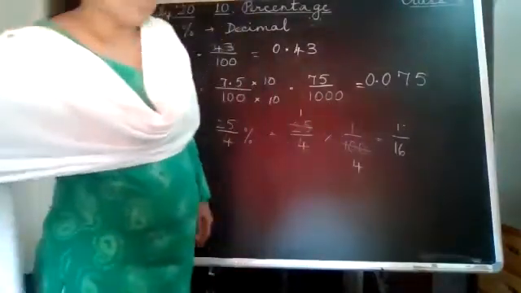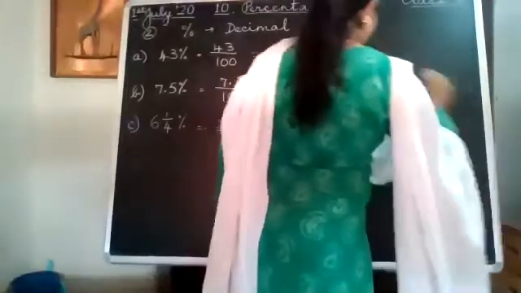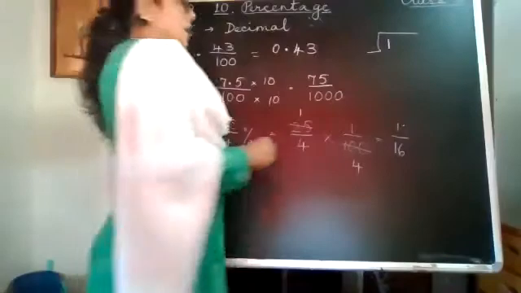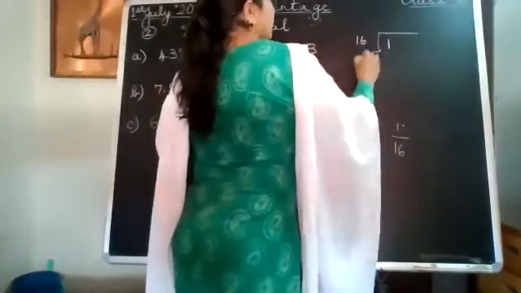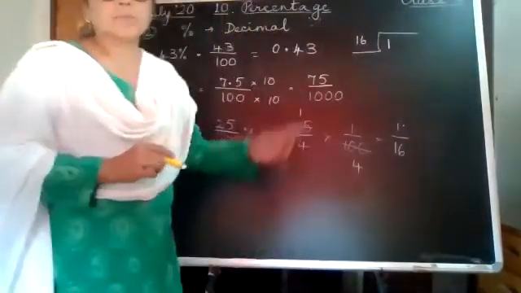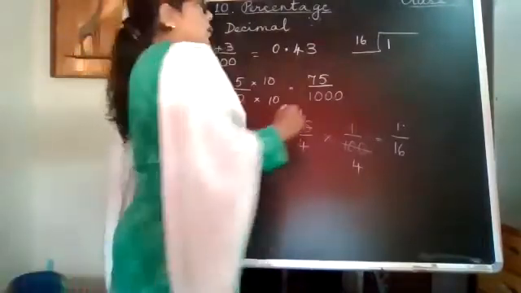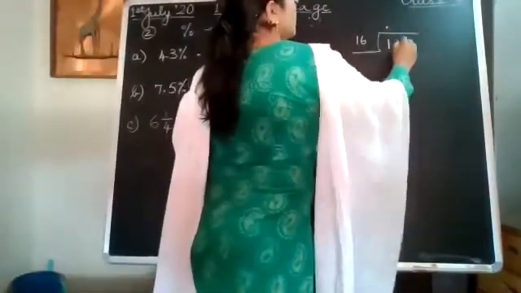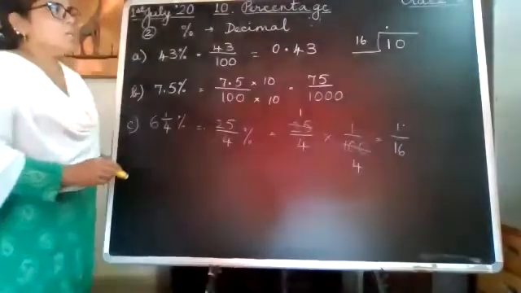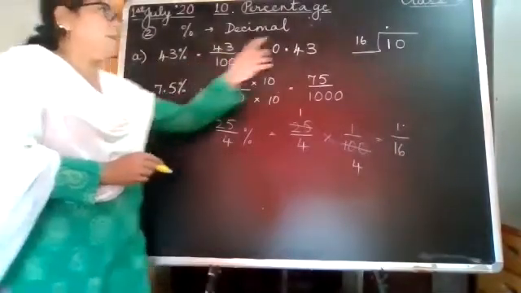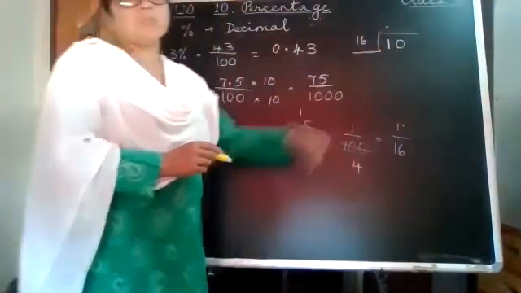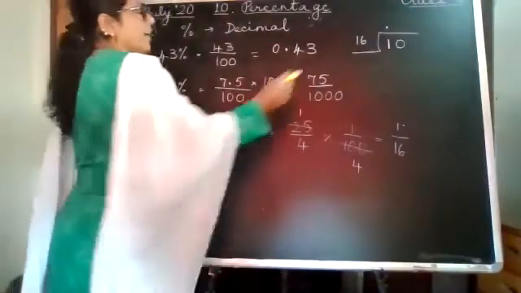Okay. So in the work column, you need to divide 1 by 16. 1, though it is small, it needs to go inside and it has to be divided by 16. Now 1 is such a small number, it cannot be divided. So what you do is put a point, put a 0. Okay. So whenever you put one decimal in the quotient, you can put 1 zero in the dividend.